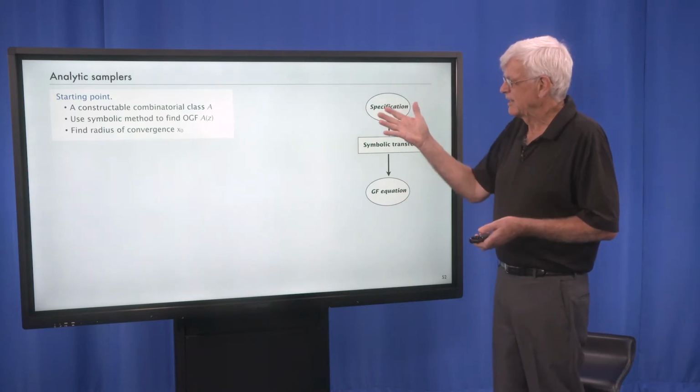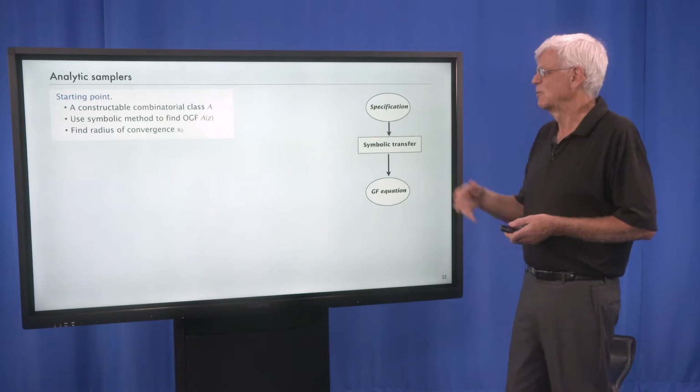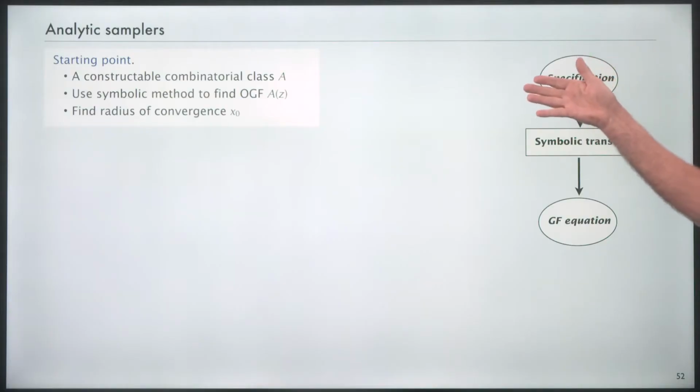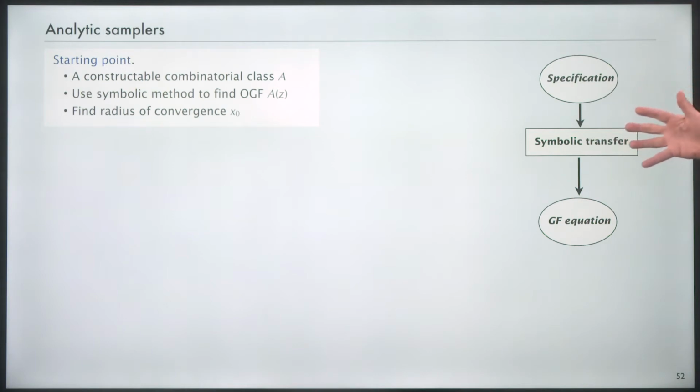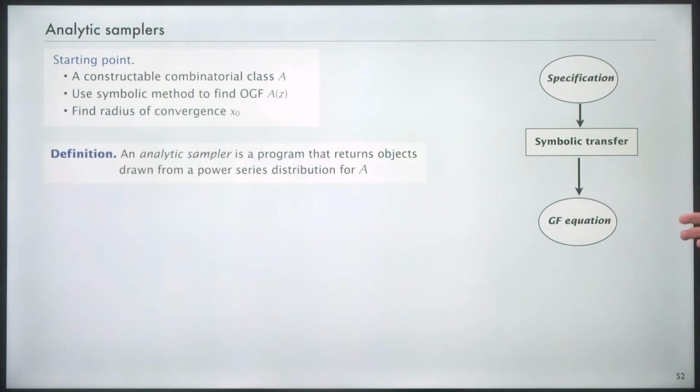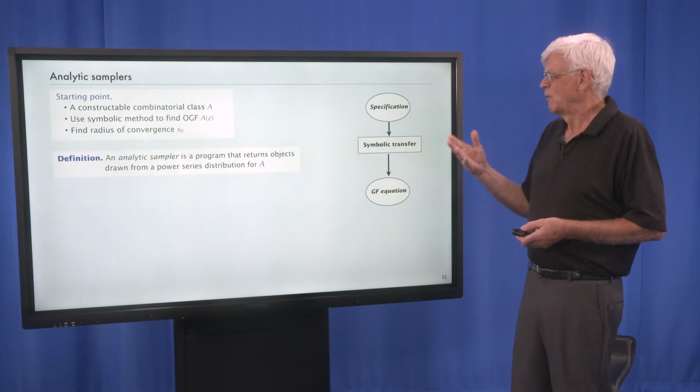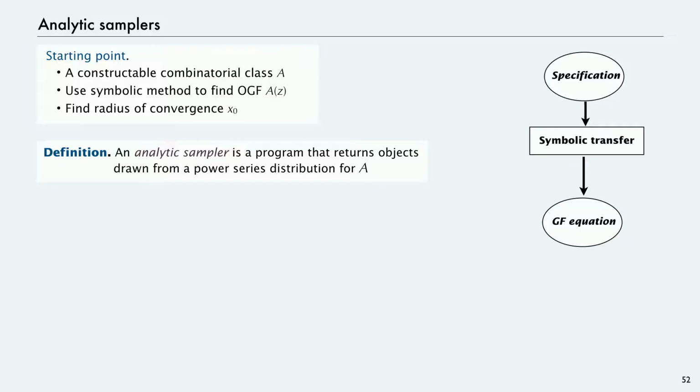So for an analytic sampler, we start with a class and its OGF and the radius of convergence, and that's a standard process for symbolic transfer in analytic combinatorics. What we want is a program that returns objects drawn from a power series distribution for the class.